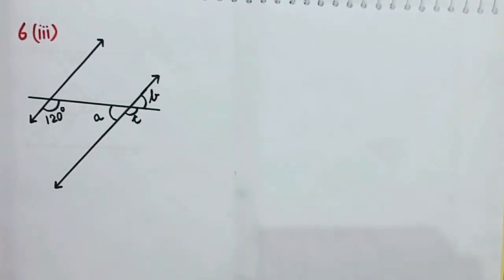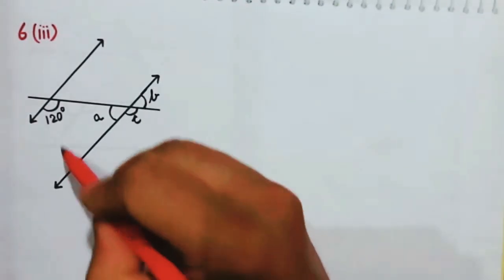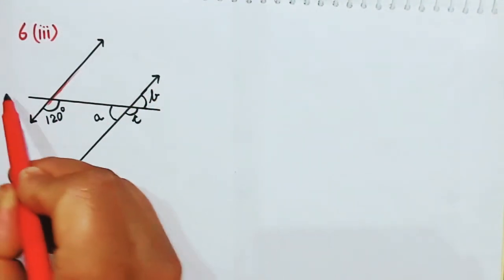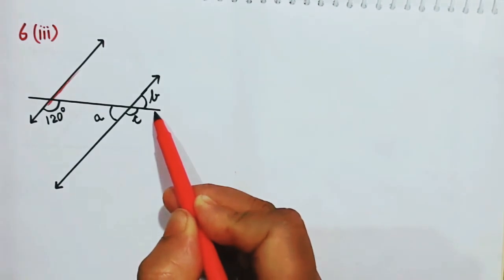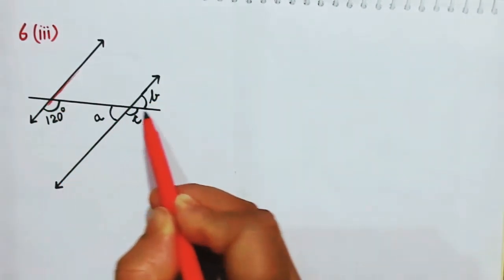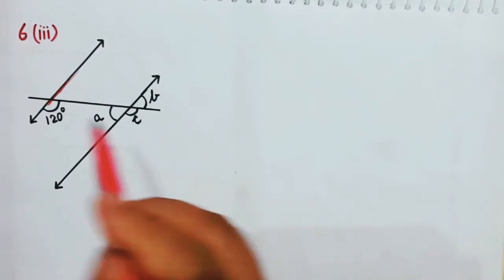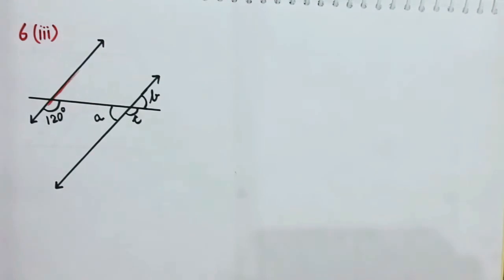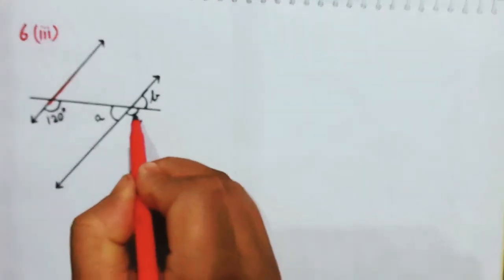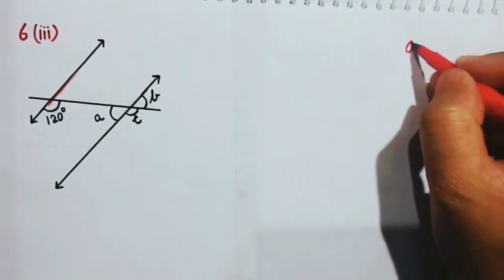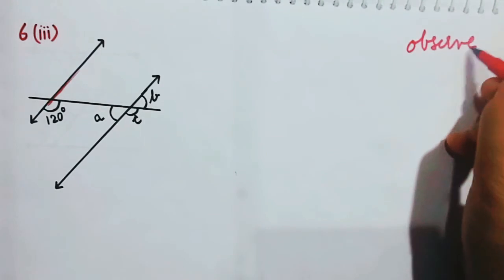Let's concentrate over here. We find that these two parallel lines have been given, and this is the transversal. One of the angles, 120, is given, isn't it? Now they are asking you to find the other angles. First of all, I find that C is equal to 120 degrees. Once again, first you need to observe.